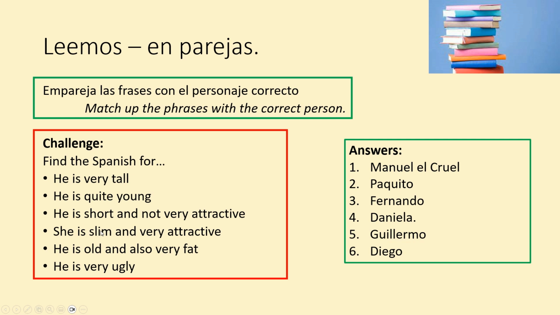Es delgada y muy guapa. Es viejo y también muy gordo. Es muy feo. Let's move on.